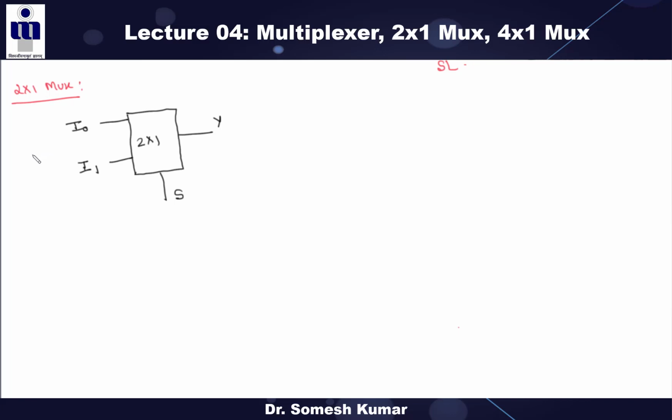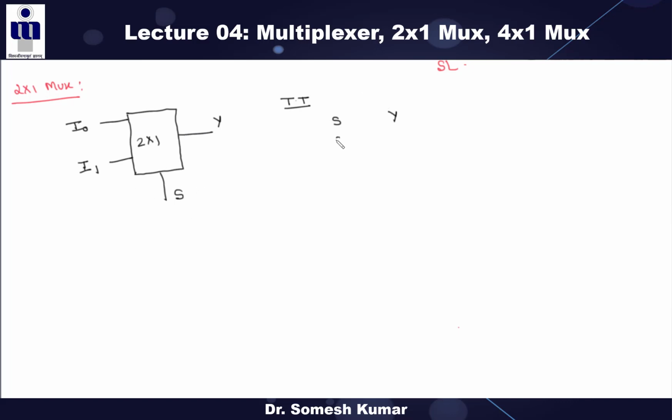Now, first step to design this combinational circuit, you should know the number of inputs and number of outputs. Now next is the truth table. The truth table of your mux only involves your select lines and the output, right? Because you know the basic definition of multiplexer, these inputs should be propagated to the output based on these select lines, right?